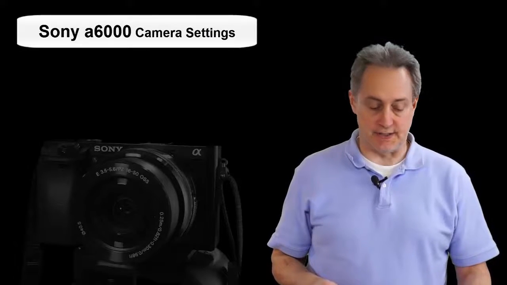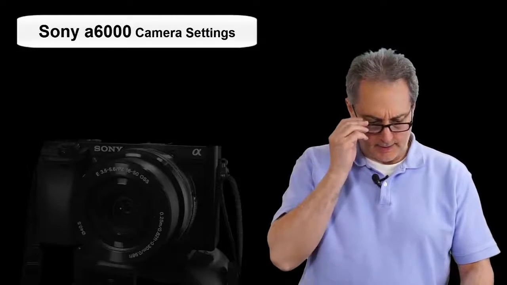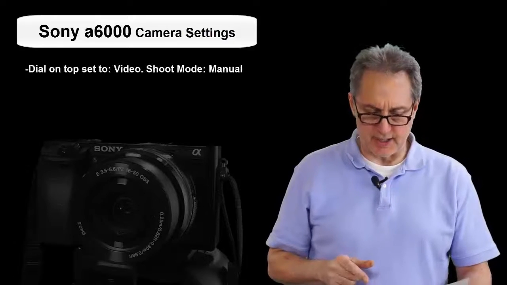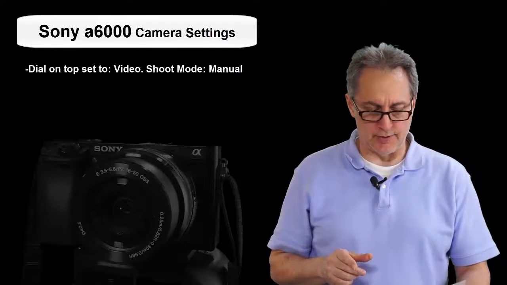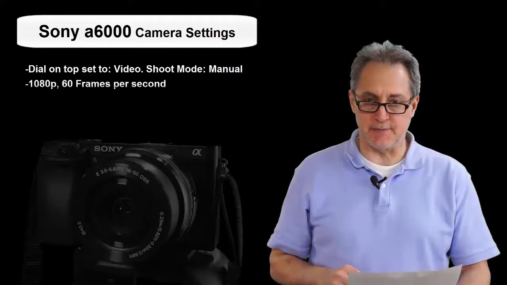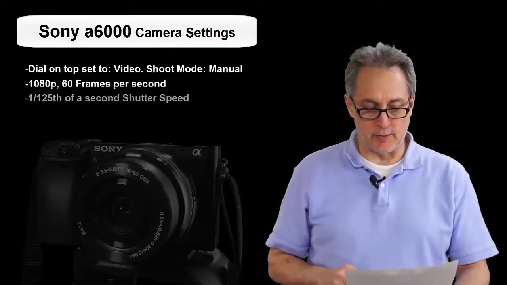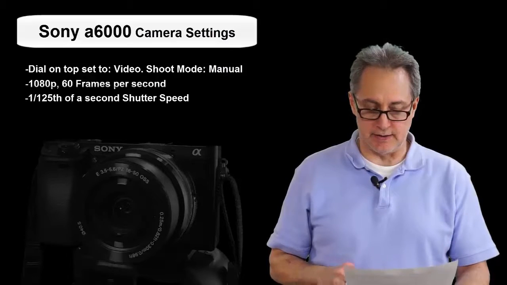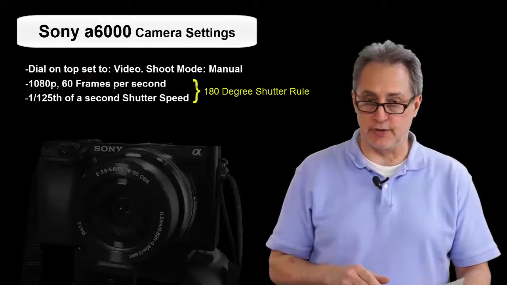Here are some of the settings I use on the Sony a6000. I'm in the video setting on top, or the shoot mode in manual. I use 1080p, 60 frames per second, 1/125th of a second shutter speed. Now that is the 180-degree shutter rule.